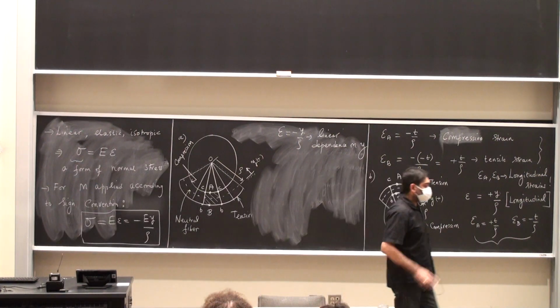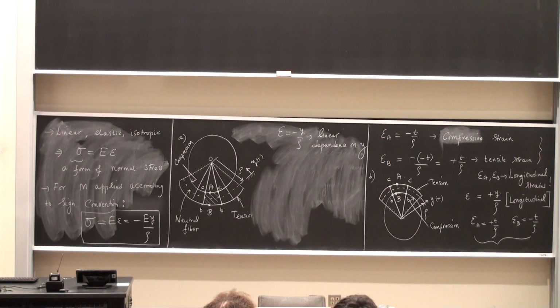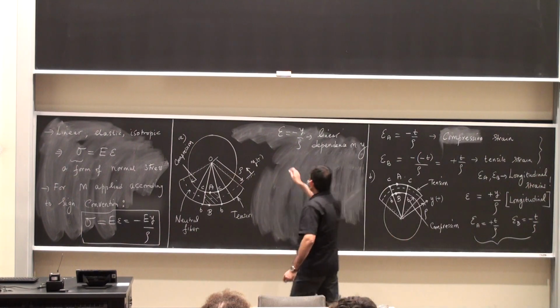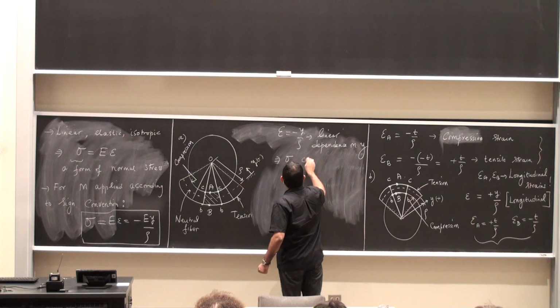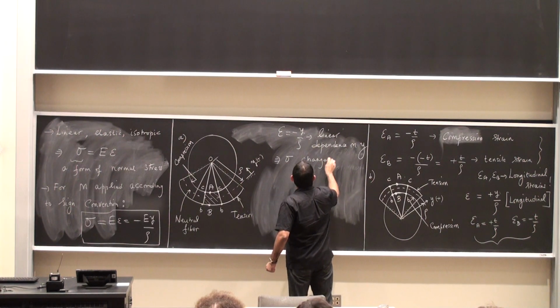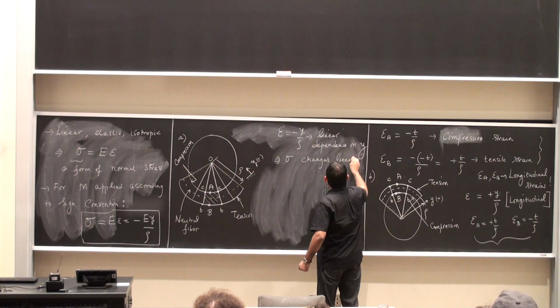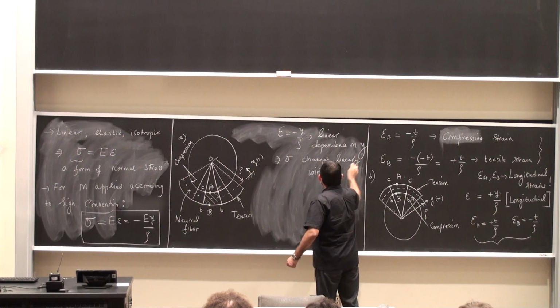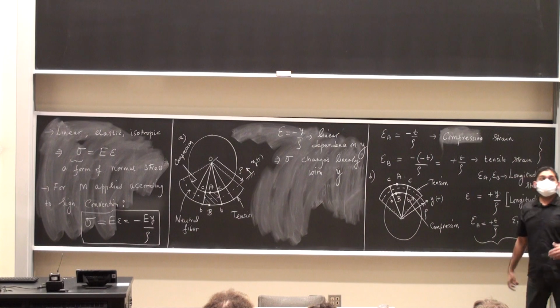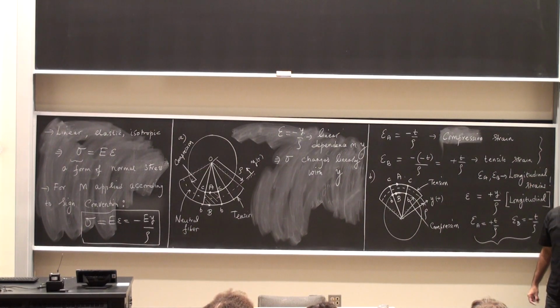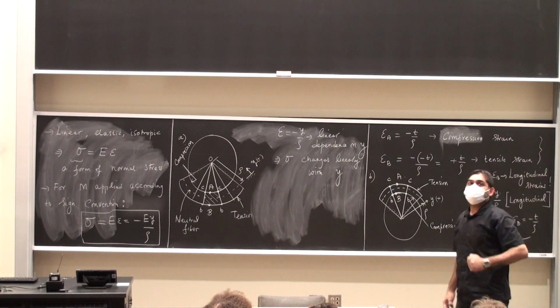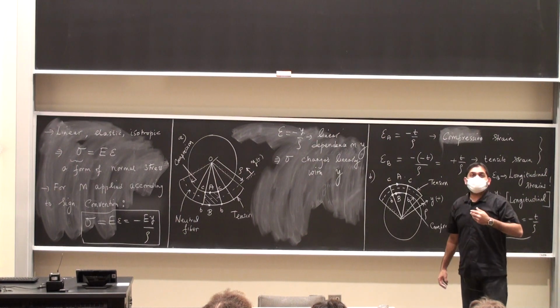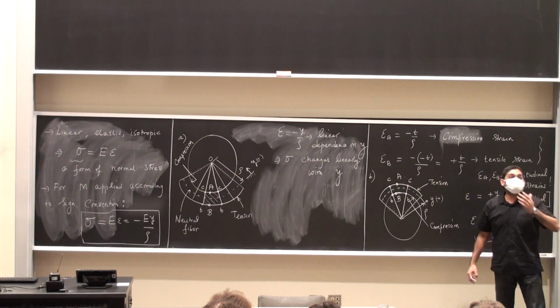So now what I want to do, I want to do two things. First, I know that the strain is changing linearly, so the stress has to change linearly with distance. Y is always the distance from the neutral fiber, positive above the neutral fiber, below the neutral fiber it is negative.